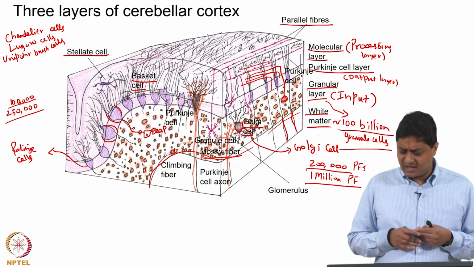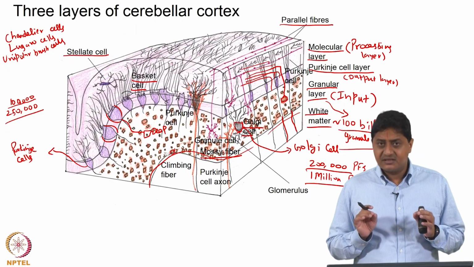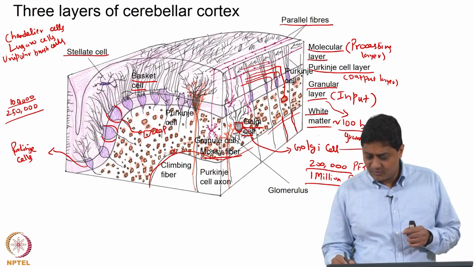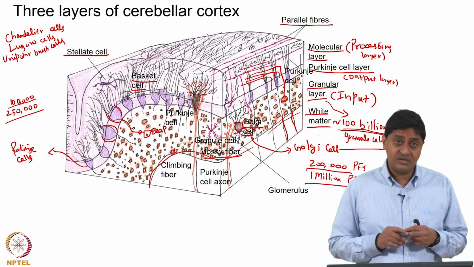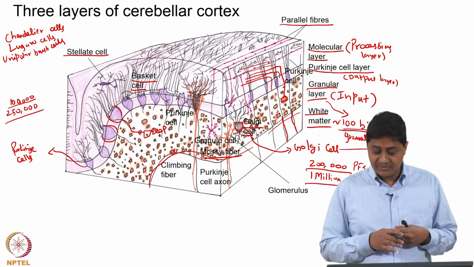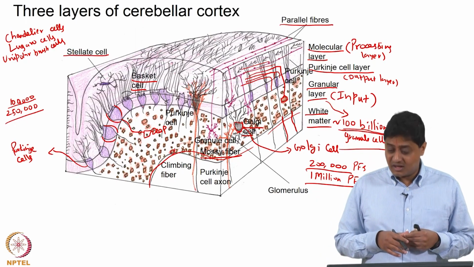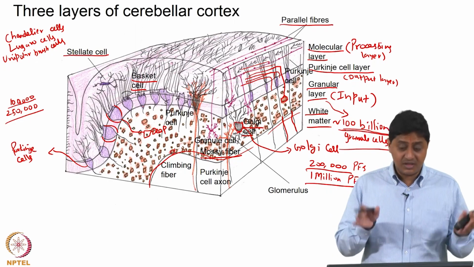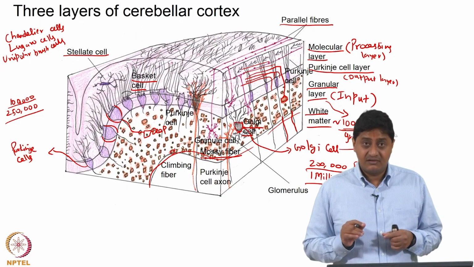That must be true, right, because the total number of granule cells is 100 billion, and we said earlier in the previous class that that is greater than the sum total of all the neurons in the central nervous system and the rest of the cerebellum, right.